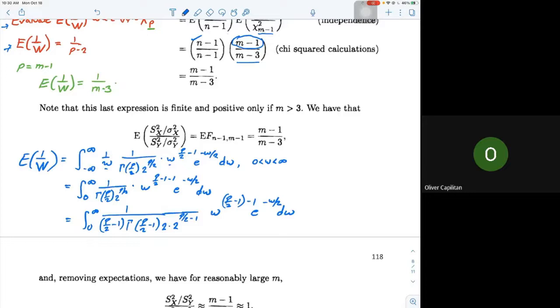Okay, so itong part na to, we apply the gamma function. The gamma function, we know that gamma of, say, t plus 1 will be just equal to t factorial, no?